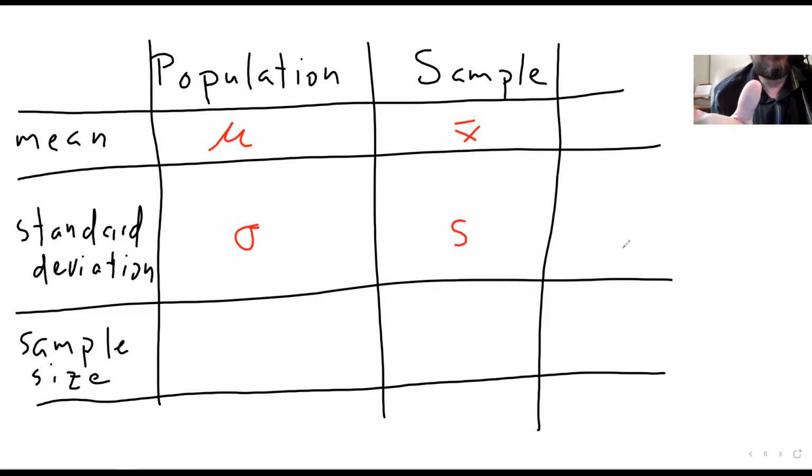I know they didn't come from America, but I'll say American or English. And then we break that tradition right off the bat. The population size is capital N. I don't know why it's not a nu, which is the Greek N, but it's not. And sample size is lowercase n.